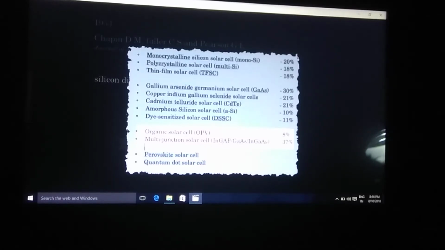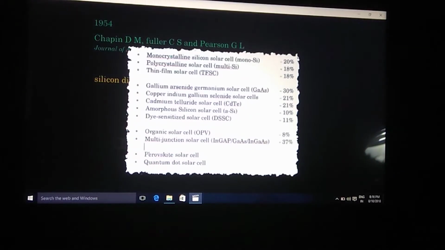Multi-junction solar cells, indium gallium phosphide, gallium arsenide, indium gallium arsenide, have a very high efficiency of 37%. Again, all these are at the laboratory reportage level. In future, I think one should look out for perovskite solar cell.